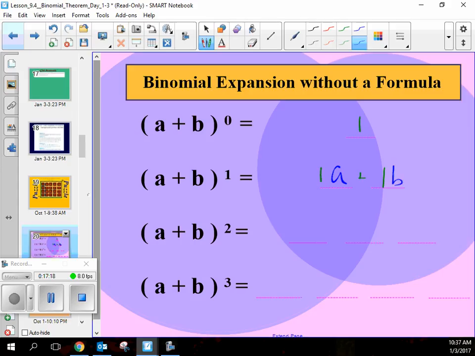I'm writing this out because we need to establish a pattern here. Because eventually, you're going to be having to do things like a plus b to the 14th power. You're not going to be able to just multiply them out by hand. You'll need a way. This is called binomial, because this has got two parts.